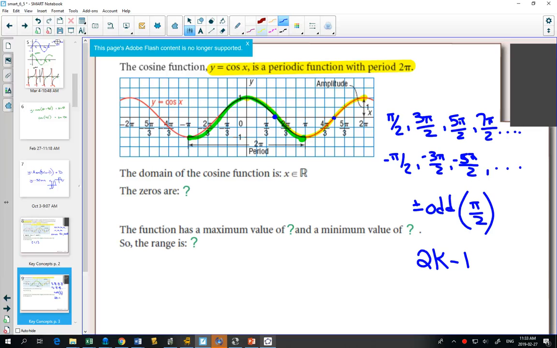If you took any number and doubled it, you'll always get an even number. So if I take any number, double it, and subtract 1, or add 1, I will get an odd number. So I could write the zeros to be 2k minus 1. That makes this odd times pi over 2, where k is an integer.